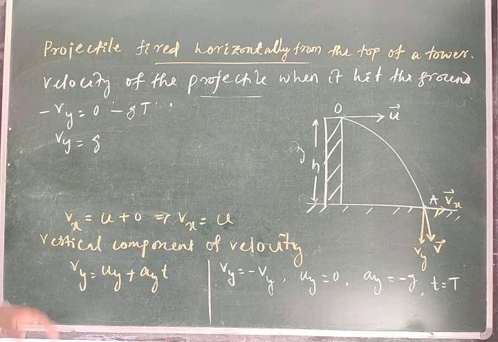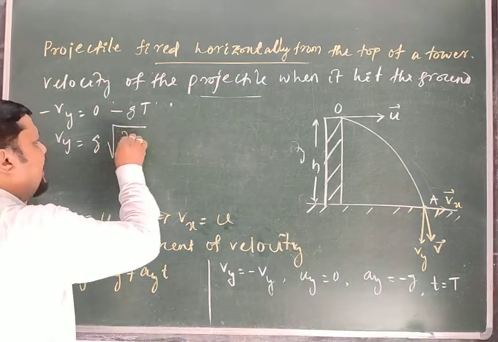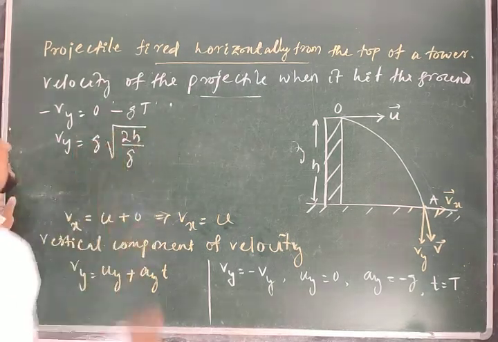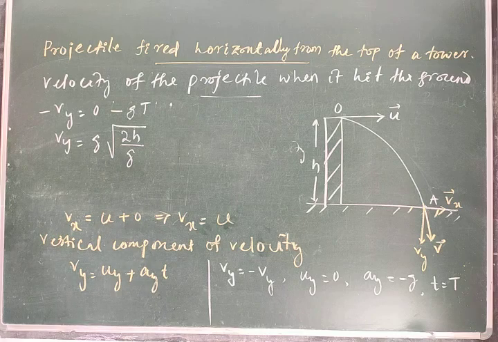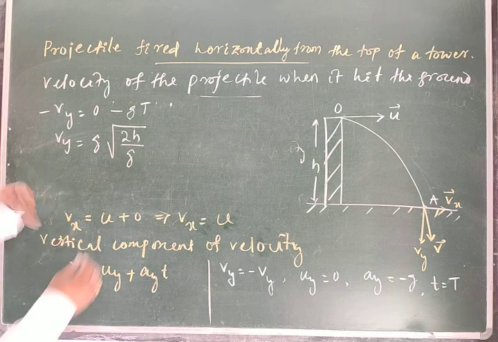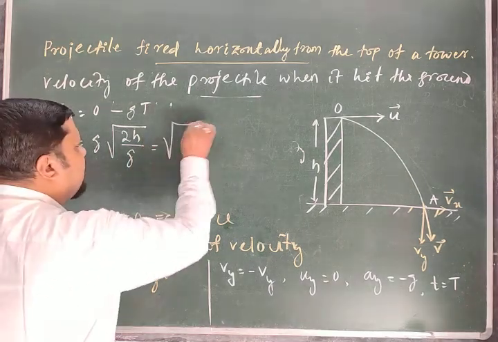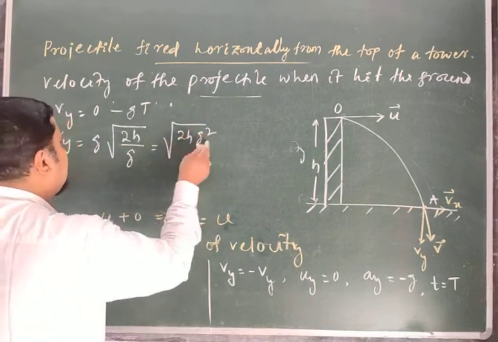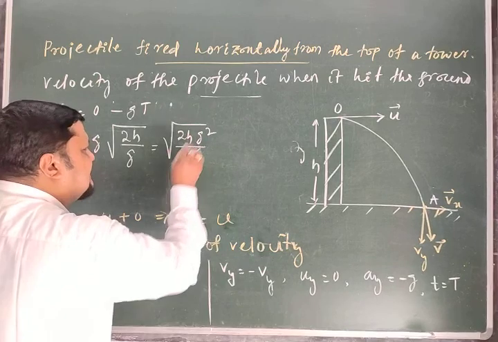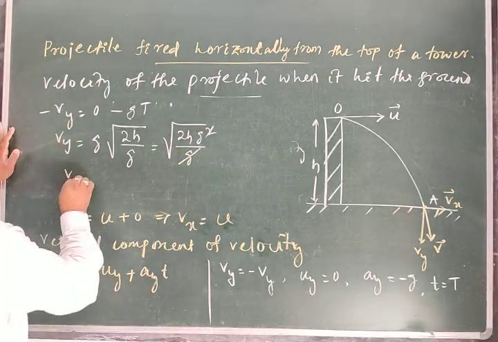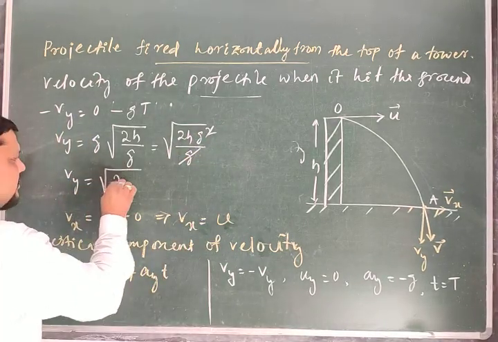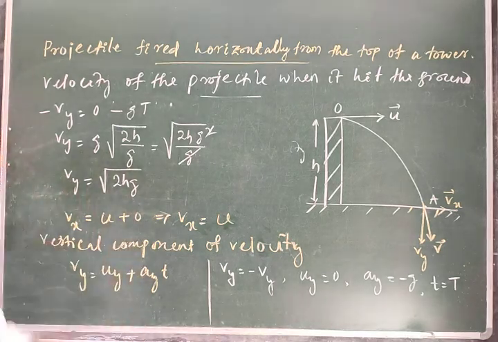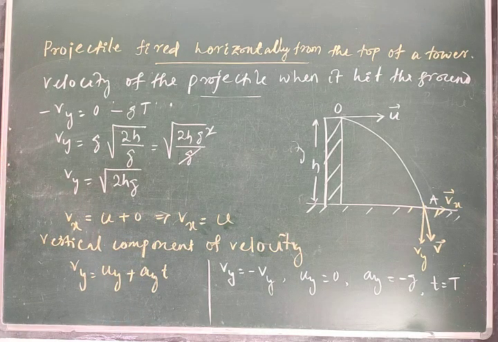What is your t? t is equal to root over 2h by g, that is the time taken. By putting all these things, I can write this as root over 2h, g square inside by g, so that g gets cancelled. So Vy is equal to root over 2hg. Clear? So that is your Vy.